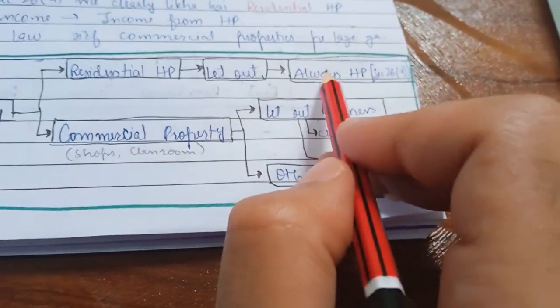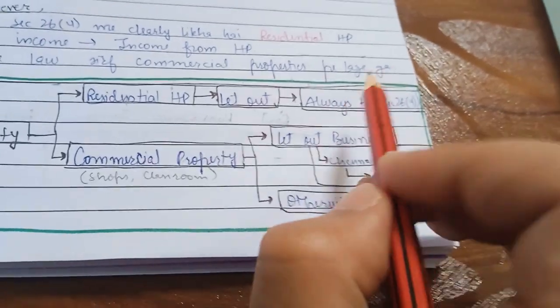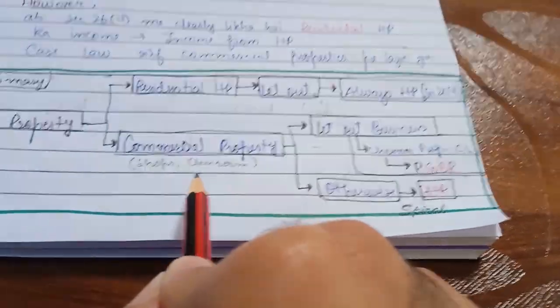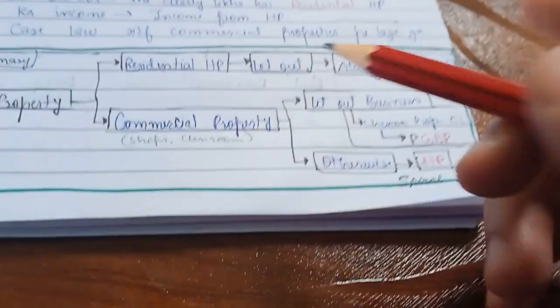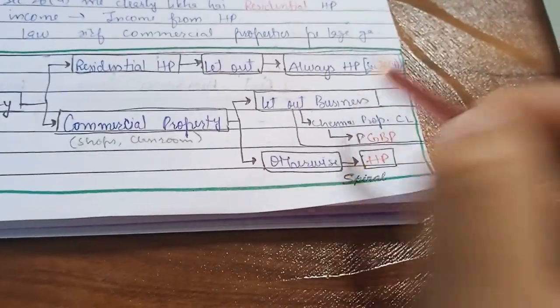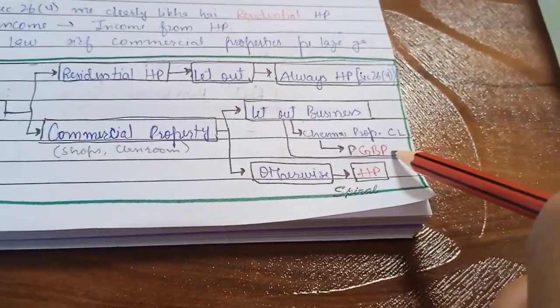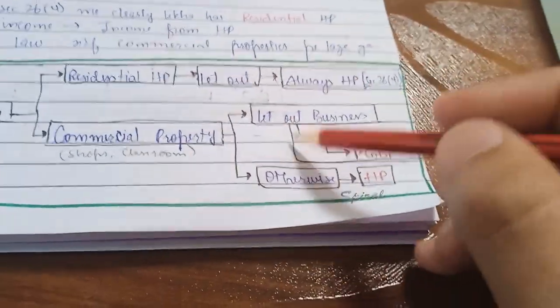It doesn't matter if it's in the course of business or any other condition, it will always be HP, income from house property. But if it's a commercial property like shops or renting of classrooms and it's a let out business like Chennai was, then it will be treated under the PGBP head. But otherwise, if it's not a let out business, then it will be treated under the head house property only.